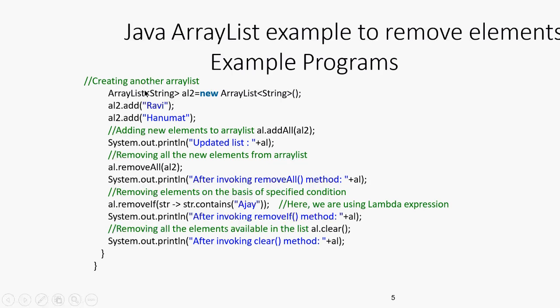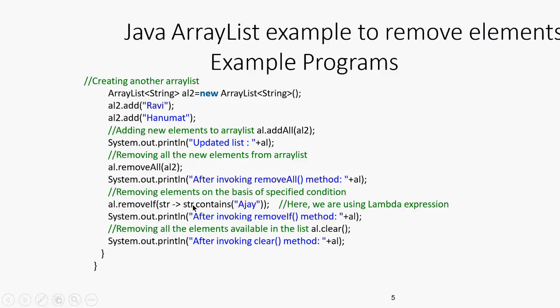So here in this example, we have created an ArrayList. For that ArrayList, I have added two pieces of information, Ravi and Hanuman. You can also keep adding information using addAll. So all the information that is got through the console can be updated in your ArrayList. Similarly, for removing, you could remove element by element individually, or you can remove them together.